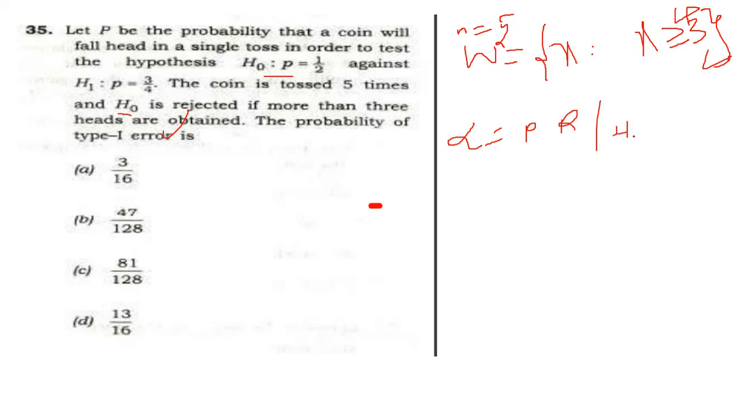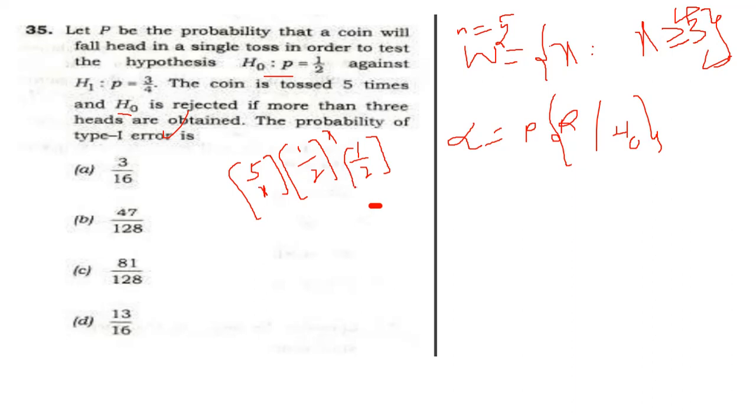So here the binomial distribution PMF is 5CX, P to the power X, into Q, which is 1 minus 1/2, so 1/2, into power 5 minus X. This is our PMF of the binomial distribution.